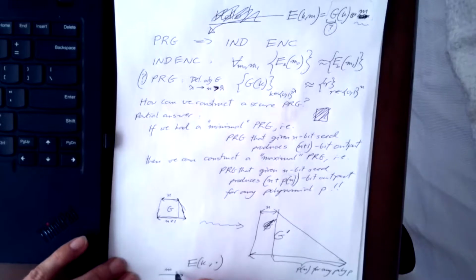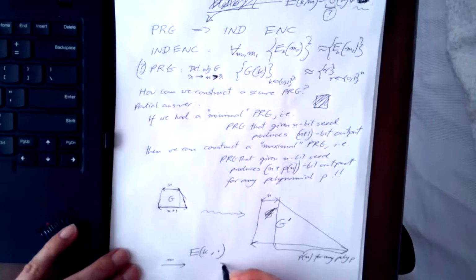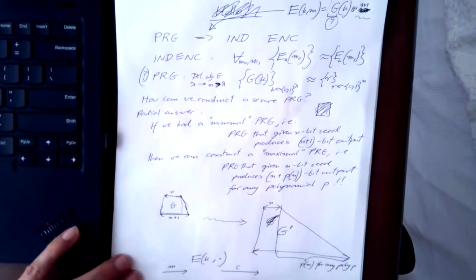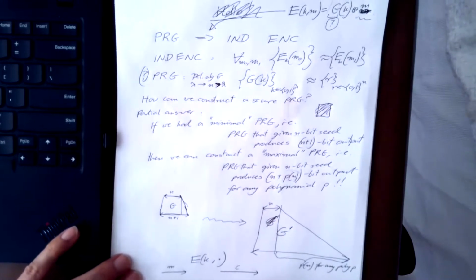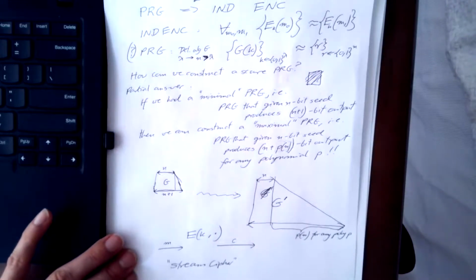Every time a message comes, yes, I can tell, but what if it's a stream? It's not a fixed message, it's a buffer on which bits are accumulated. I would like to output the ciphertext as the message comes in. That's where the name stream cipher comes from, precisely because of this application.